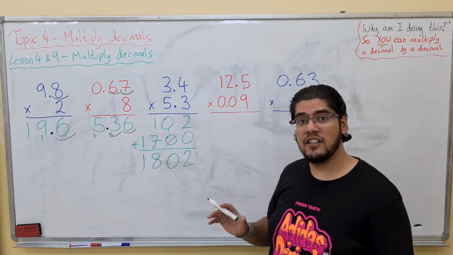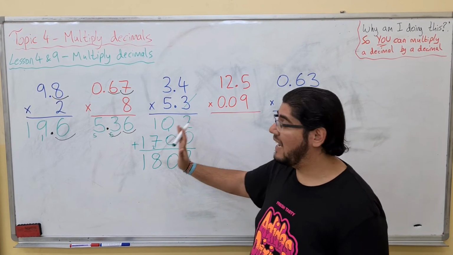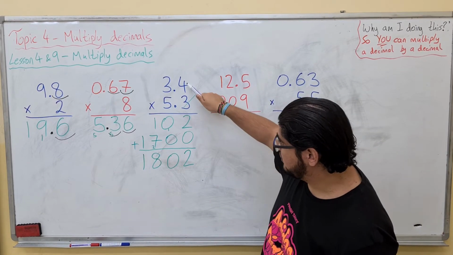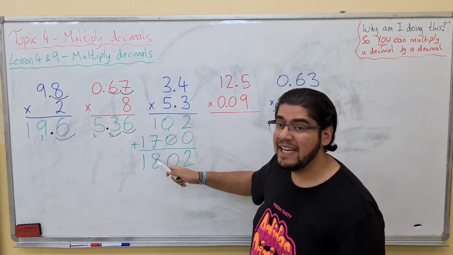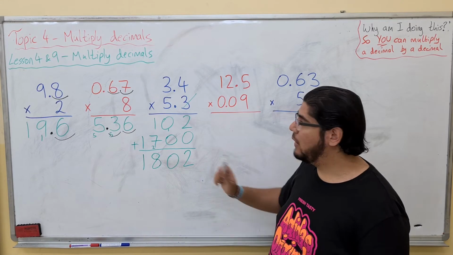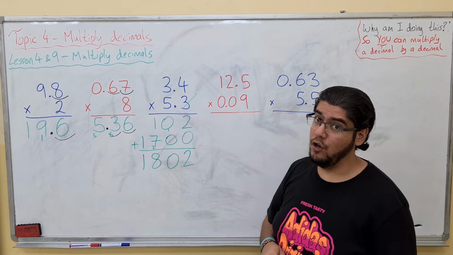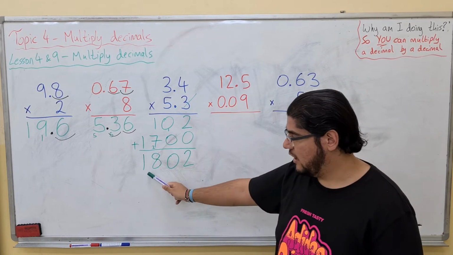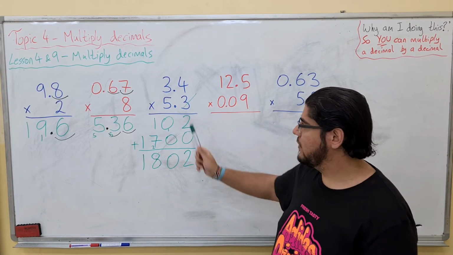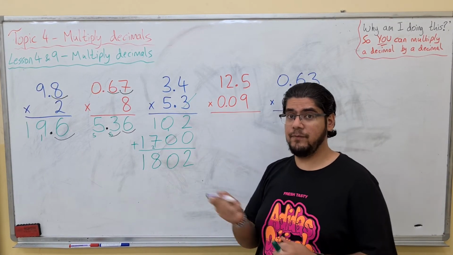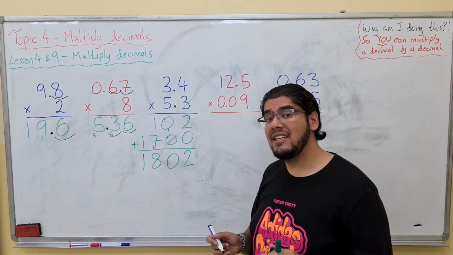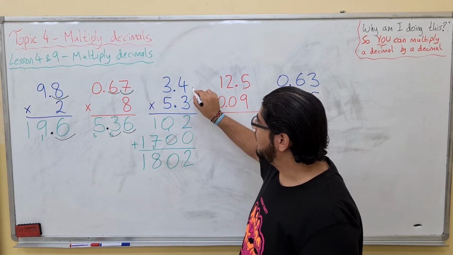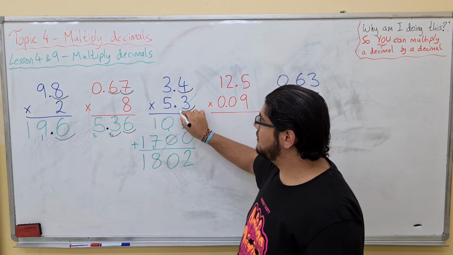Remember, space is important and lining everything up, right? You can see everything is lined up nice and neat. So we have our almost final answer. 34 multiplied by 53 equals 1,802. But now we have decimal points. Count the total decimal places. We have here 1 and here another 1.